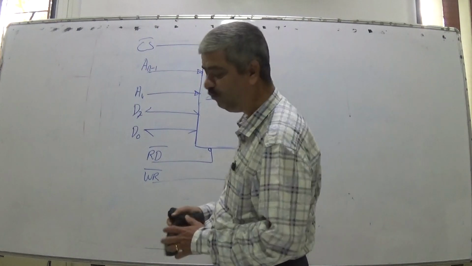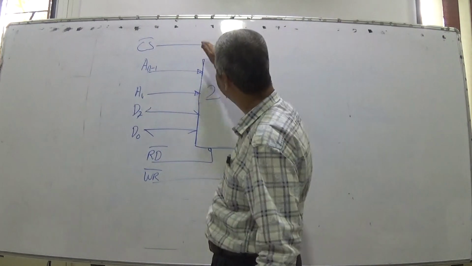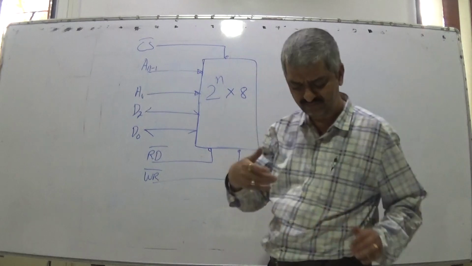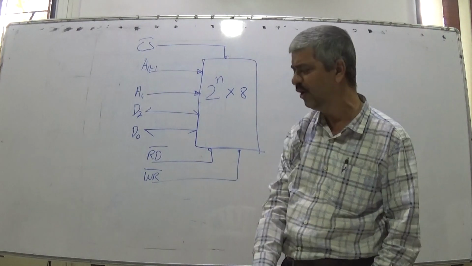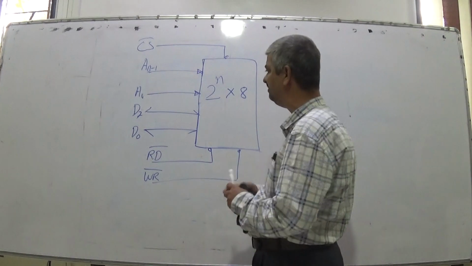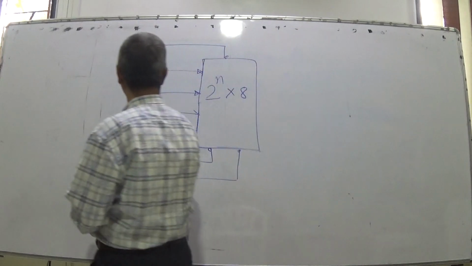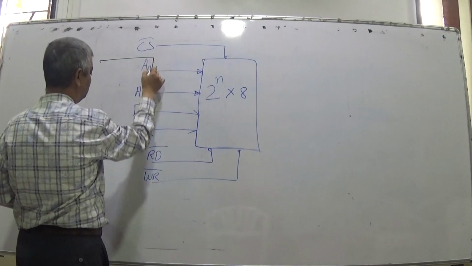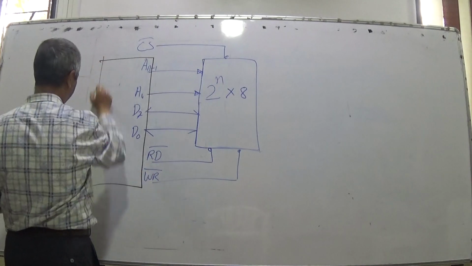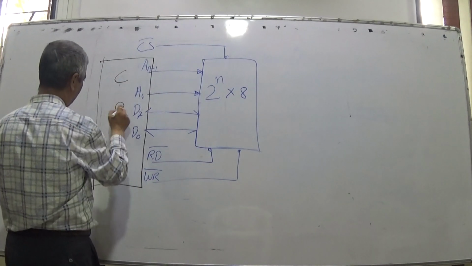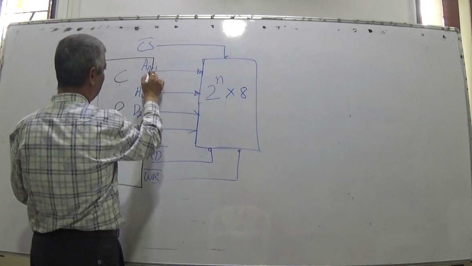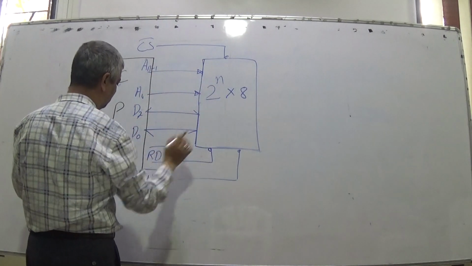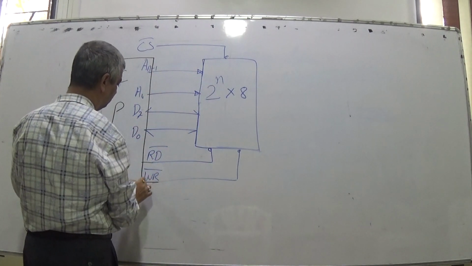So CPU and this chip select bar, right now we don't go into those details because that is not important from this point of view. So the CPU has this complementary set. CPU, von Neumann architecture: address lines, output lines, data lines bidirectional, read bar, write bar.